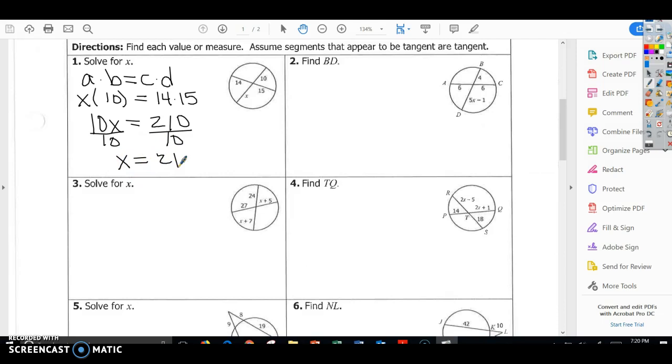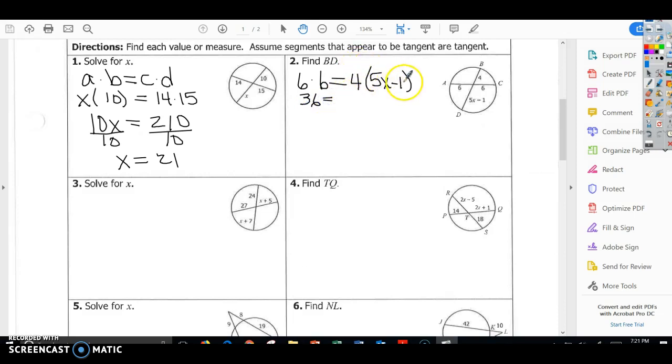Okay, number 2 is very similar. So we're going to have 6 times 6 equals 4 times this expression, which is 5x minus 1. All right, 6 times 6, we're just going to solve this out.